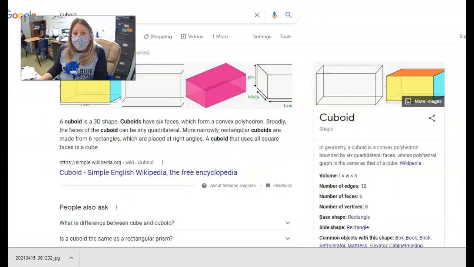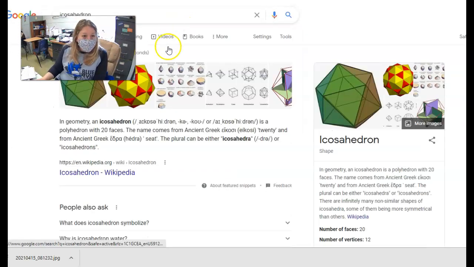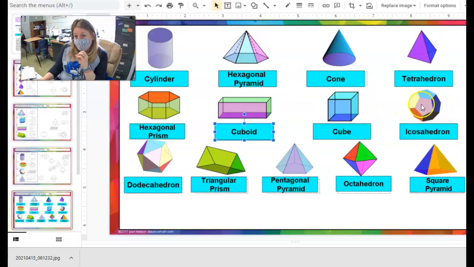I'll look up icosahedron. How many sides does that have? Icosahedron has 20 sides. A polyhedron with 20 faces. So it doesn't have to be triangles because these are pentagons, but there are 20 of them.